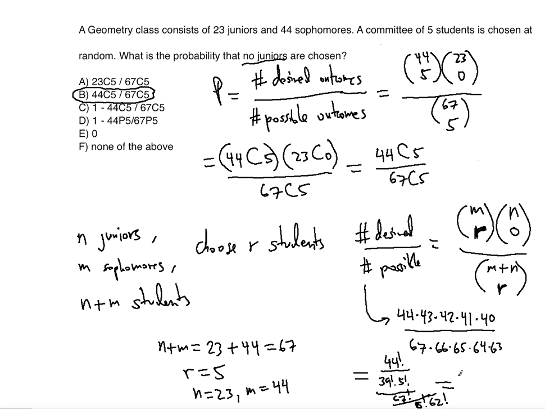Okay, so as a result, this is translated to 44 choose 5, divided by 67 choose 5.